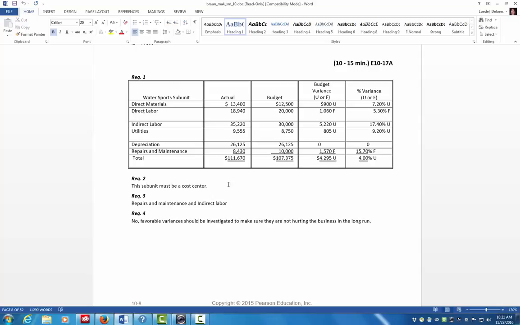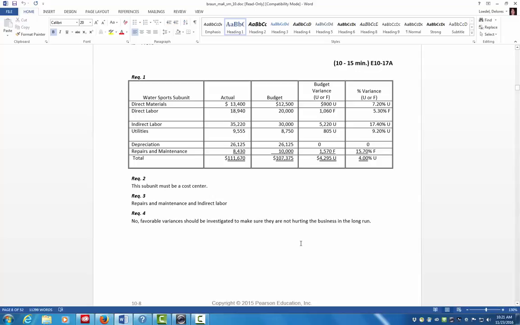So based on that, we can see that the indirect labor is over the threshold that they have given of 13%, as well as the repairs and maintenance. So those are items that management would want to review to see what caused those variances.